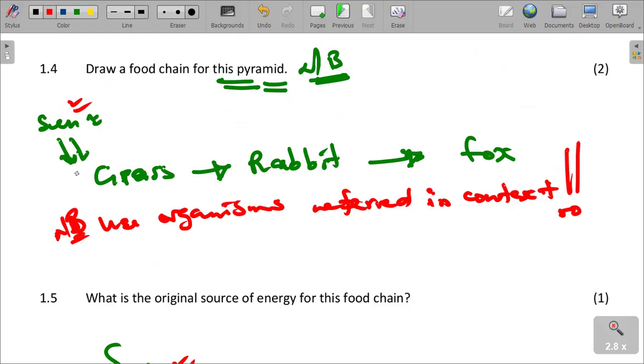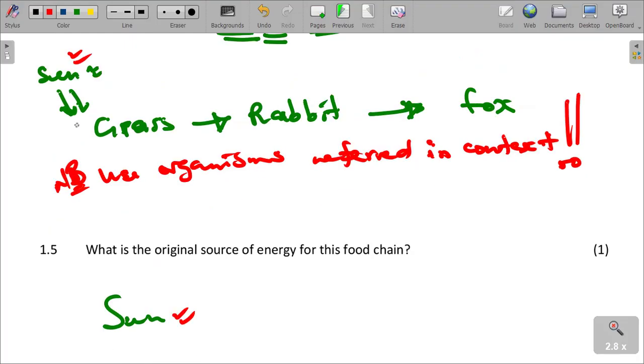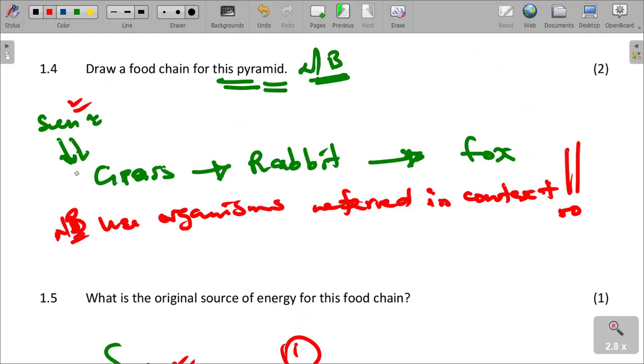The plants are producers that take the incoming solar energy and convert it into chemical energy that is transferred across all the organisms in the chain. So the sun is the source. Therefore, we have our 1 mark as well. And for the other question, draw the food chain, you also have your 2 marks, which are also very correct.